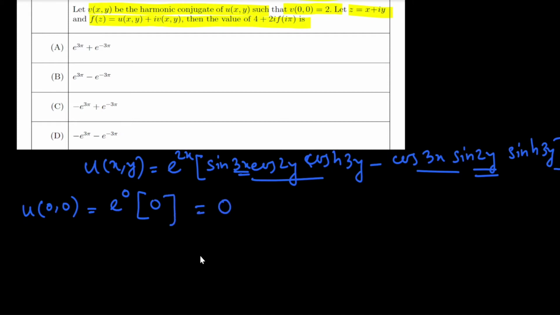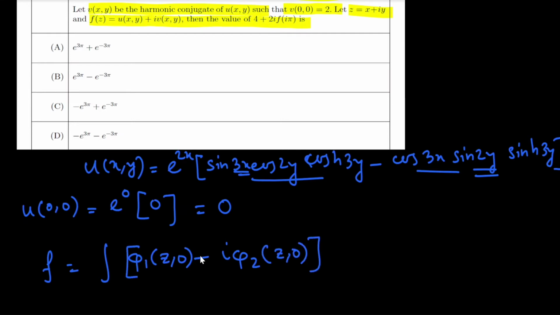Now the Milne Thompson method is given by f(z) equal to integration of phi 1 (z,0) minus i phi 2 (z,0) dz plus constant.